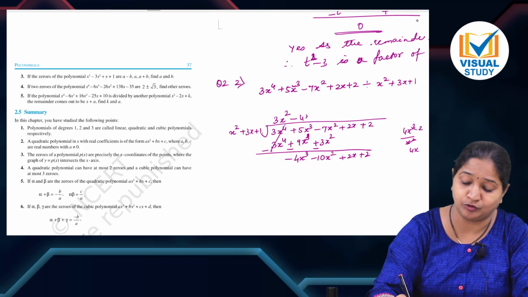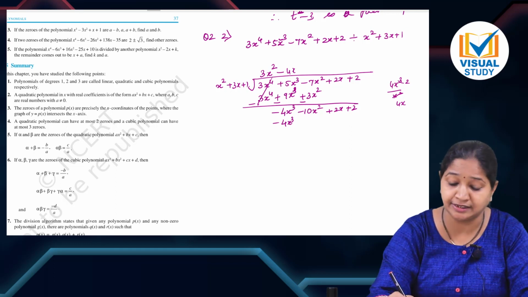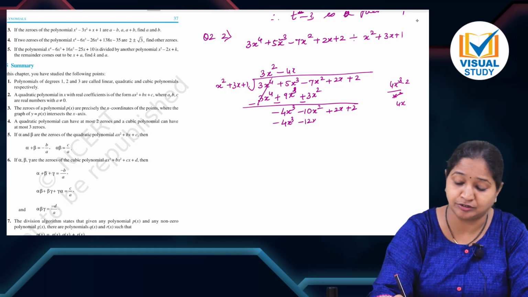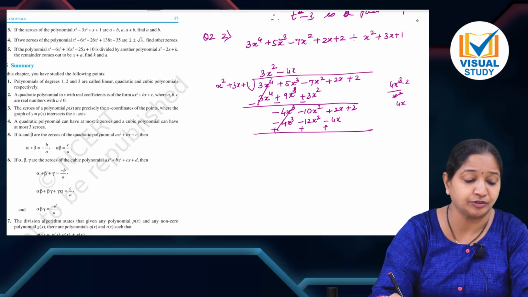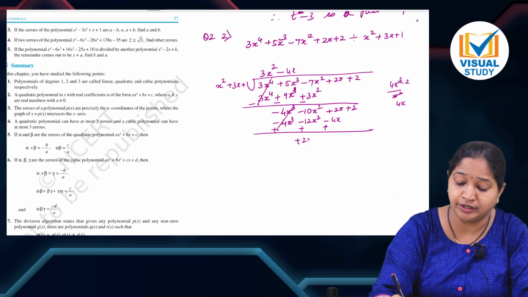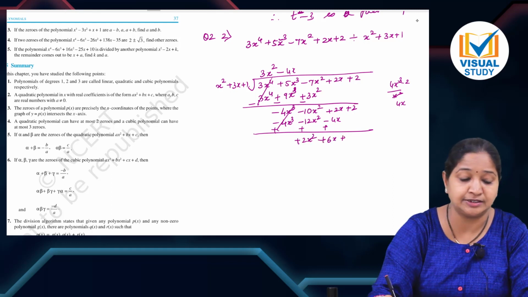So minus 4x. 4x into x square, you get 4x cube. 4x into 3x is minus 12x square and 4x into this is minus 4x. Plus and plus. This gets cancelled. 10 plus 12 is, that is 2x square plus 6x plus 2.